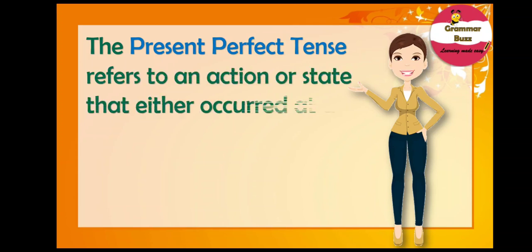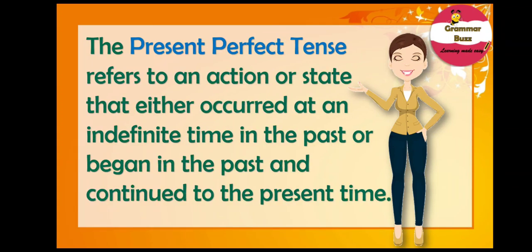Well, to put it simply, present perfect tense refers to an action or state that either occurred at an indefinite time in the past or began in the past and continued to the present time. The present perfect is most frequently used to talk about experiences or changes that have taken place.